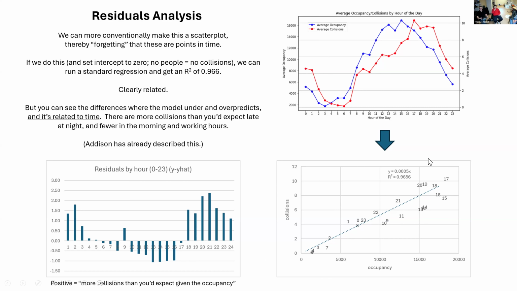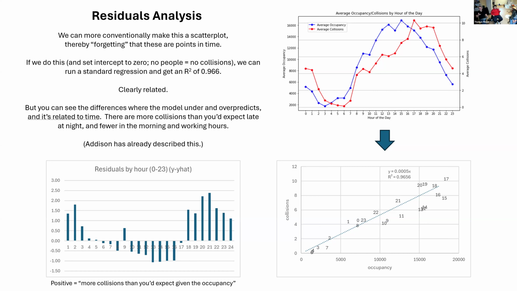So you could run a regression on this scatter plot, or a correlation, right? And I have pinned the intersection to 0, right? 0 people is 0 collisions. I want to sort of stipulate that in the model. And so when you do that, this is the relationship, and then this is the R-squared value.